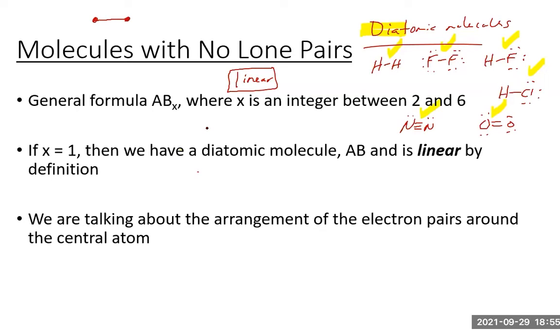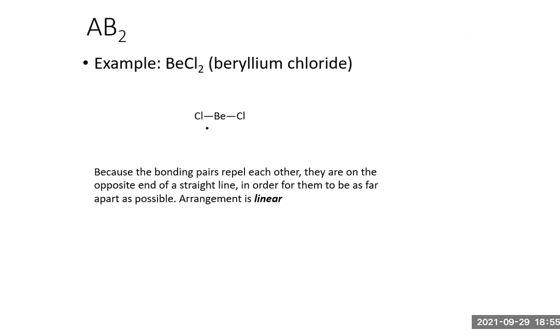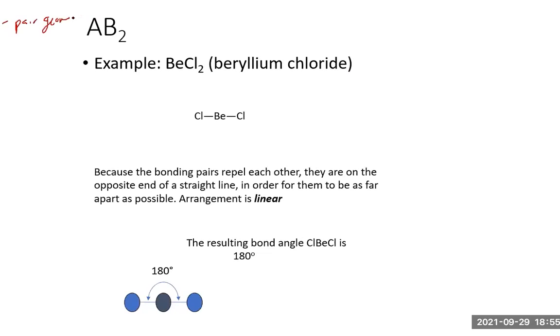Now, when we get to 3 or more atoms involved, we do get a couple of different geometries that we're going to talk about. I'll just talk about what that is here. One geometry is what is referred to as the electron pair geometry or electron group geometry.